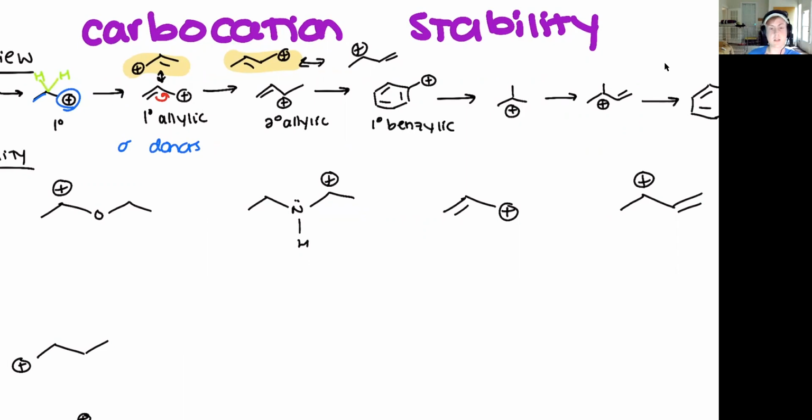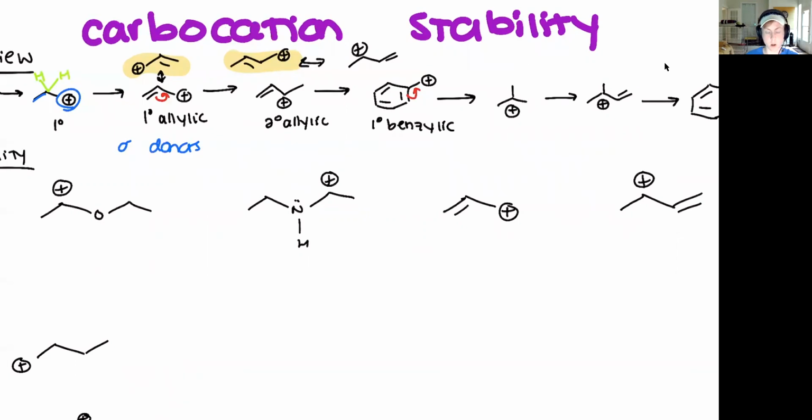A benzylic is almost like an allylic on steroids, because we have the resonance donation like that, but we have it around all of the carbons of the benzene.